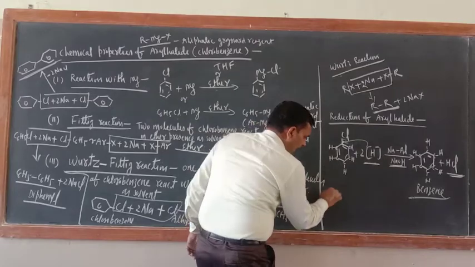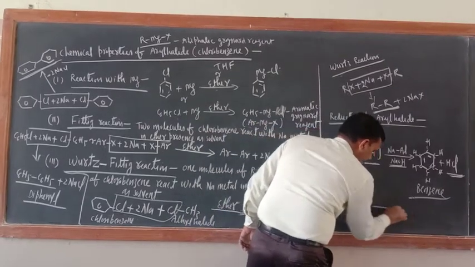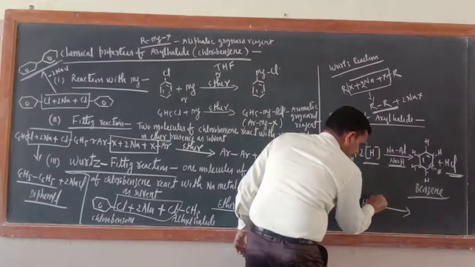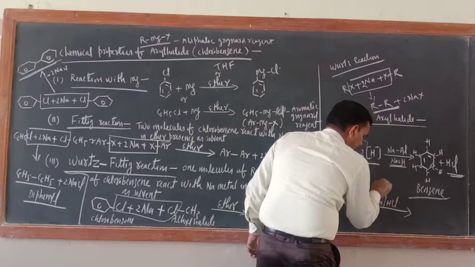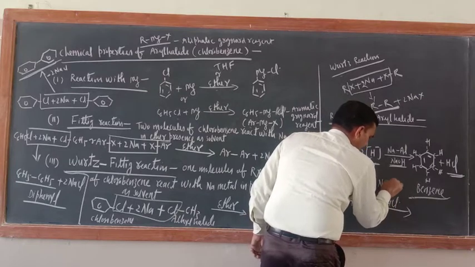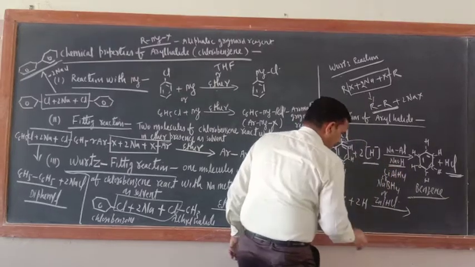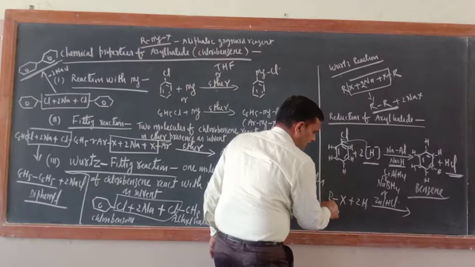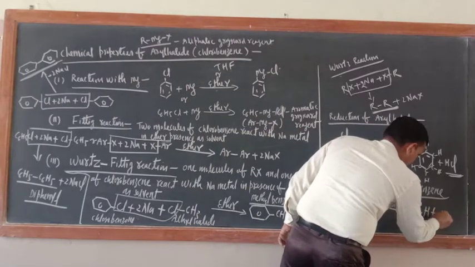So what is the reduction product of alkyl halide? Just see, RX plus 2H, and here you take Zn with HCl. This is the reducing agent. Or sodium borohydride NaBH4, or you take lithium aluminium hydride. So what is the product here? One H will come here, so RH plus HX.